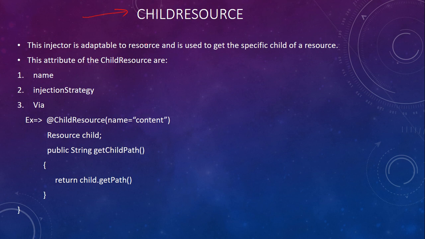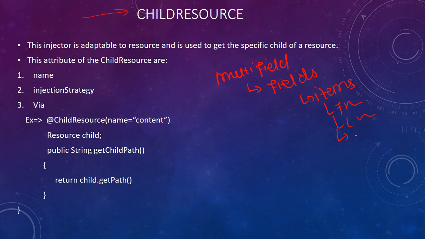Anyone knows about the multi-field? When you create a multi-field, consider this is our multi-field, and inside this multi-field we have a lot of fields. It may store items like an fname, an lname, your date of birth, or some text.